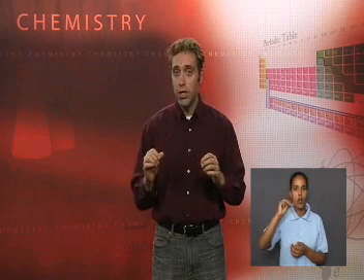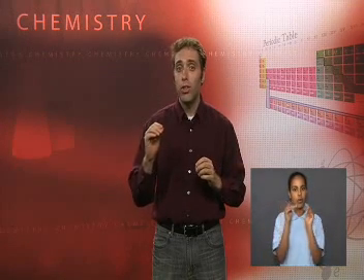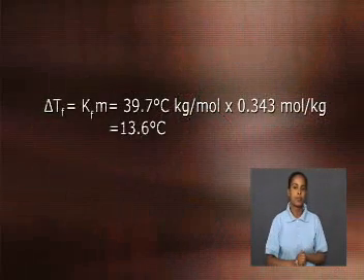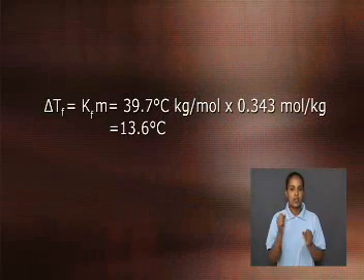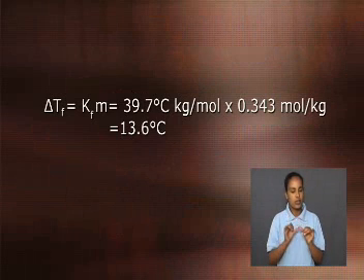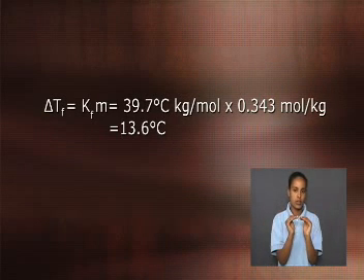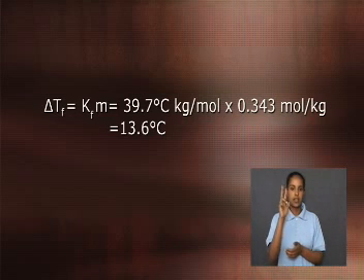We can use the molality of the solution in the equation we learned earlier in this lesson to determine the freezing point depression of the solution. The freezing point depression constant multiplied by the molality of the solution equals the freezing point depression, which is 13.6 degrees Celsius.